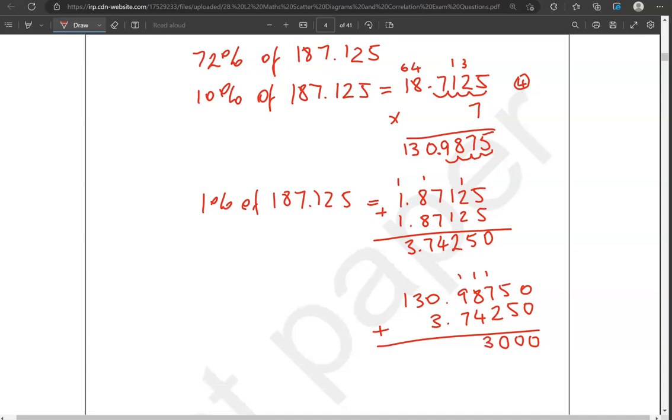So 3 down, 1 carried over. 9 and 1 is 10, and the 7, 17. 7 down, 1 carried over. 3 and 1 is 4. 3 and 0 is 3. 1 and 0 is 1. So 72% is 134.73, which is about 135.